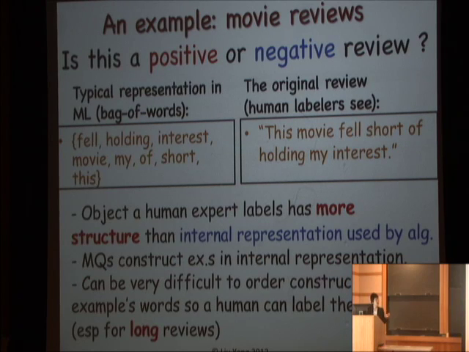But the point I'm trying to convey here is that the object the human expert labels typically has more structure than the internal representation of that object in the machine learning algorithm. Although, if you run experiments, this extra structure is usually information-theoretically redundant, because we could already construct algorithms based on the bag-of-words representation with 99.999% accuracy empirically.